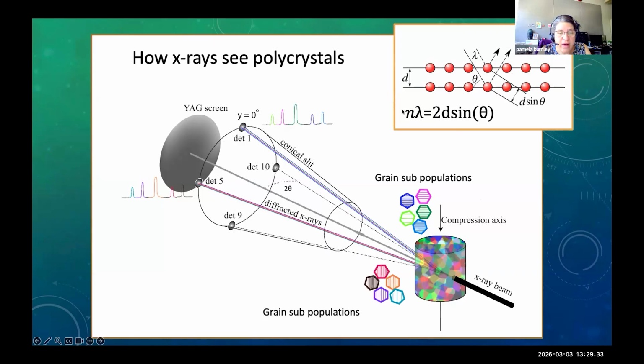And we use Bragg's law, which is n lambda equals 2d sine theta, except this sine theta is constant for monochromatic, and it's not for energy dispersive. But anyway, we don't need to worry about that.